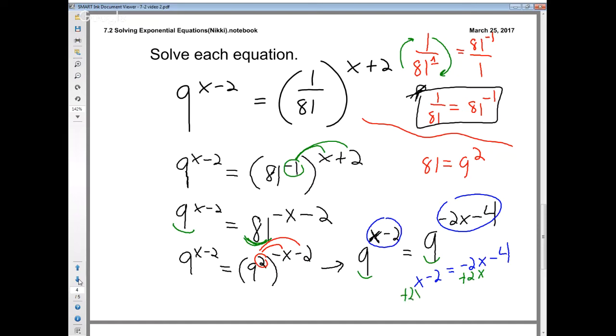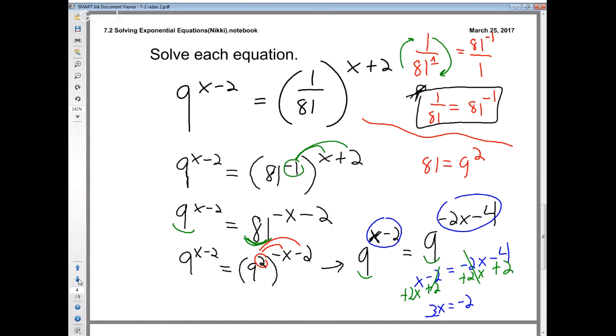If you subtracted x from both sides, that is also correct. And then while I'm at it, let's go ahead and add a 2 to both sides. So on the left side, we have x plus 2x, which is now 3x. And on the right side, we have negative 4 plus 2, which is negative 2. Then just divide by 3 on both sides.